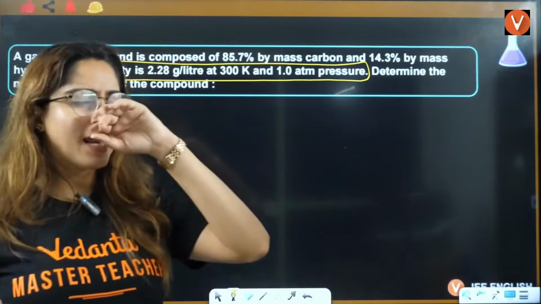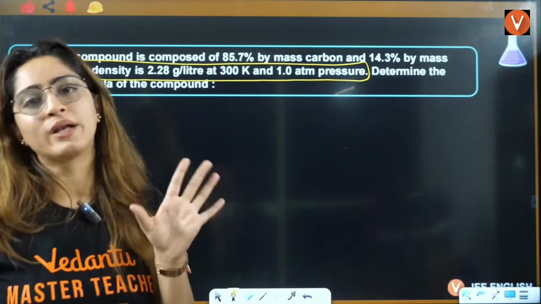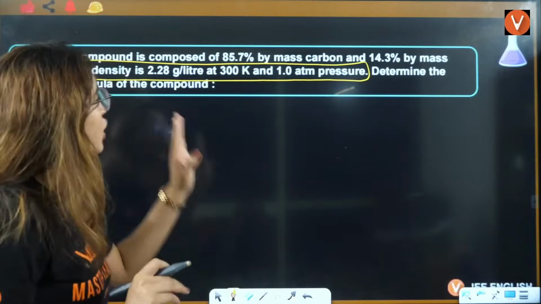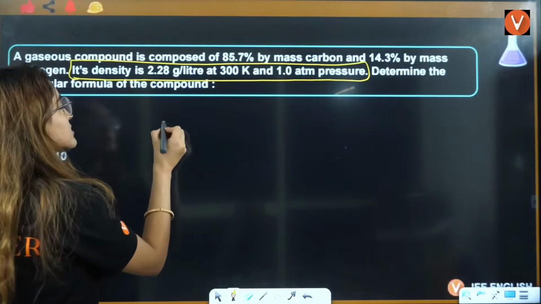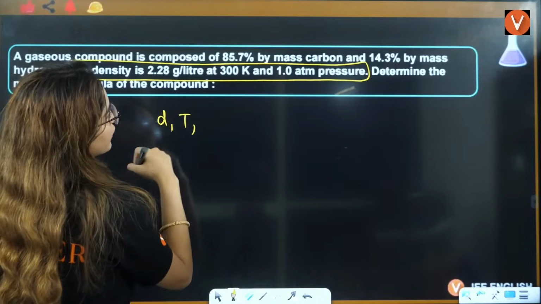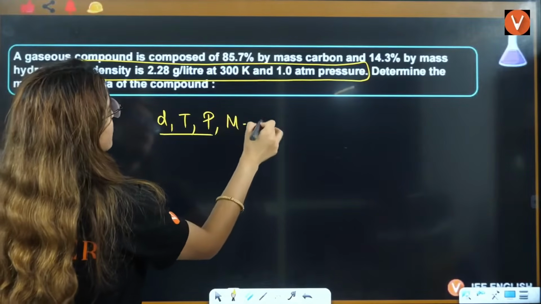So I told you in every lecture, from one topic I will not pick one kind of question. There will be different kinds of questions that you will see, right? So now here, density is given to you, temperature is given to you, pressure is given to you, and the molar mass you have to calculate.